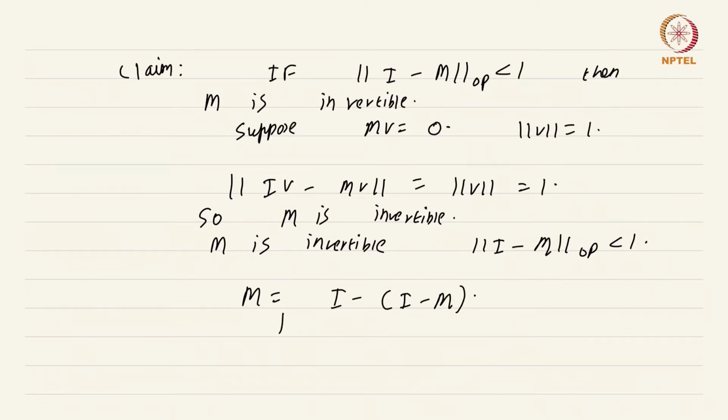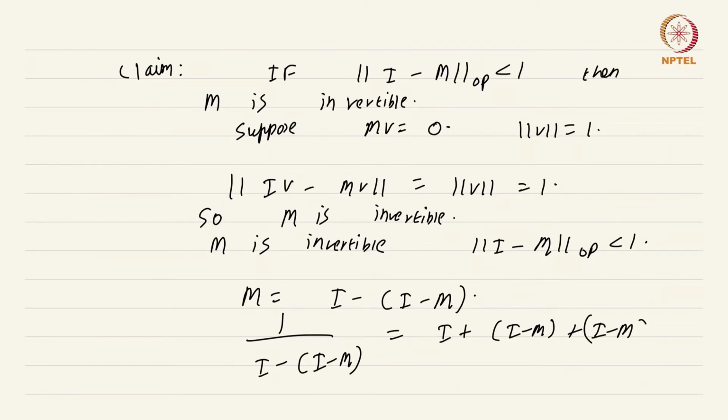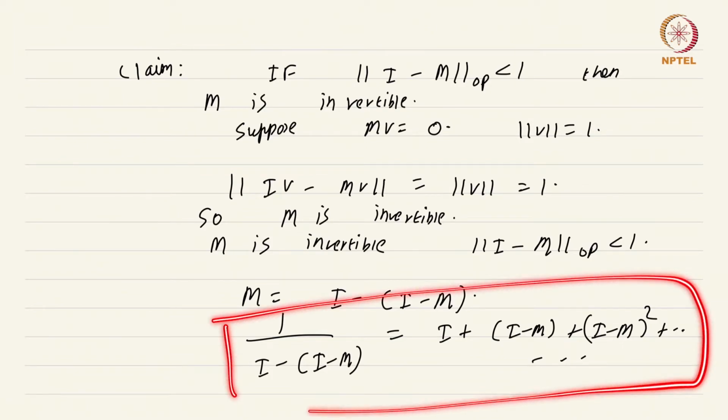That is, I want to invert I minus (I minus M), and I'm just going to formally think that this is going to be I plus (I minus M) plus (I minus M) squared, and so on. Why do I think this is the case? Because this is just the formula for the sum of a geometric series. But in this entire stage, this expression is meaningless. This is just formal.